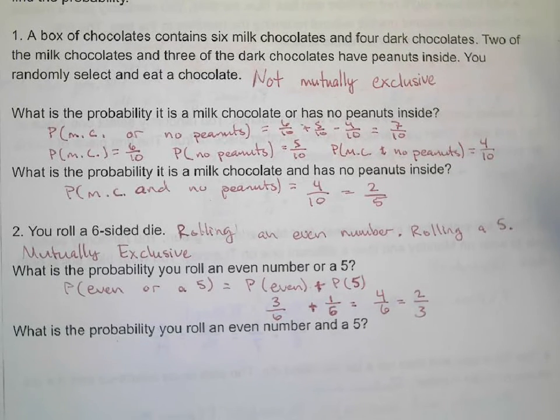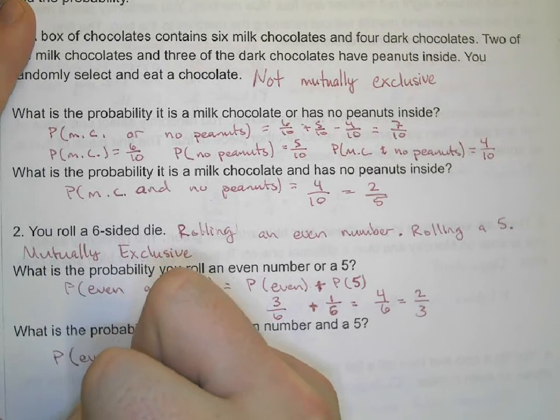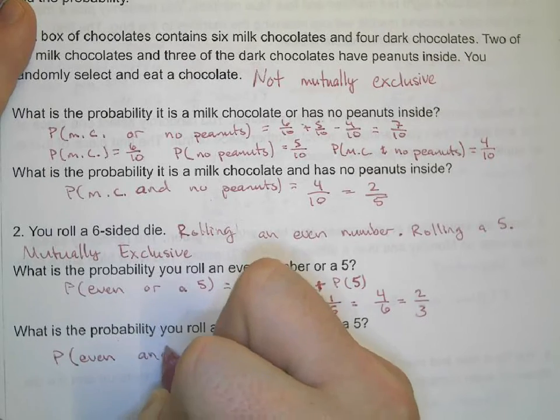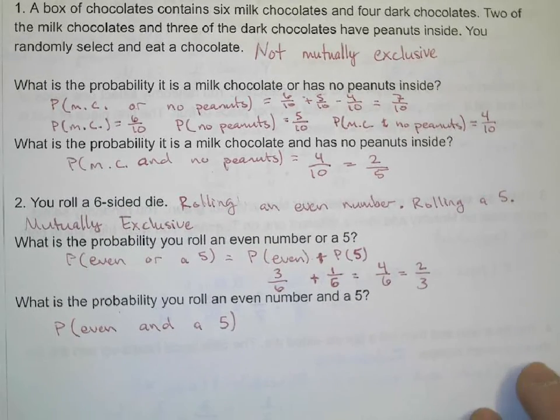So now, what is the probability you roll an even number and a 5? Well, this is where it's logically impossible. It is impossible to roll one time and get an even number that is a 5, because 5 is not even.